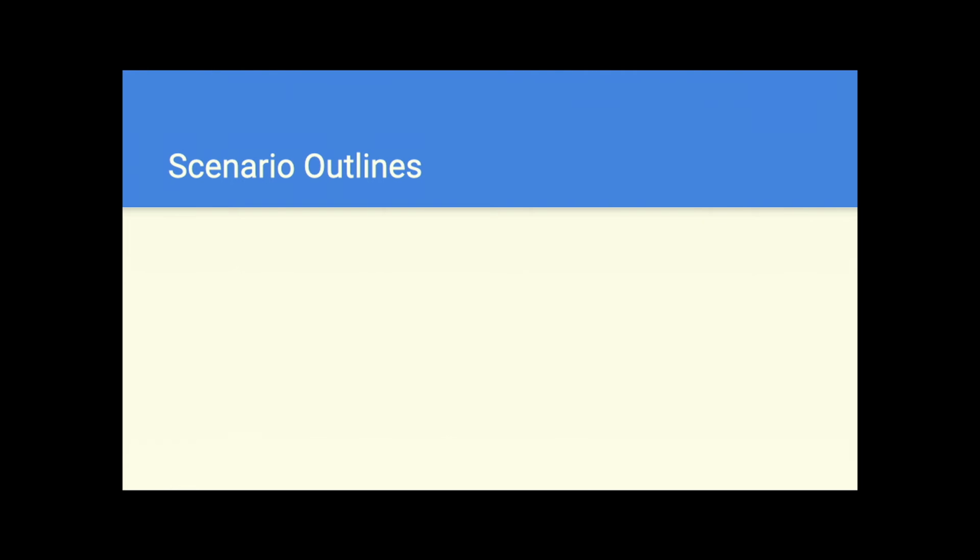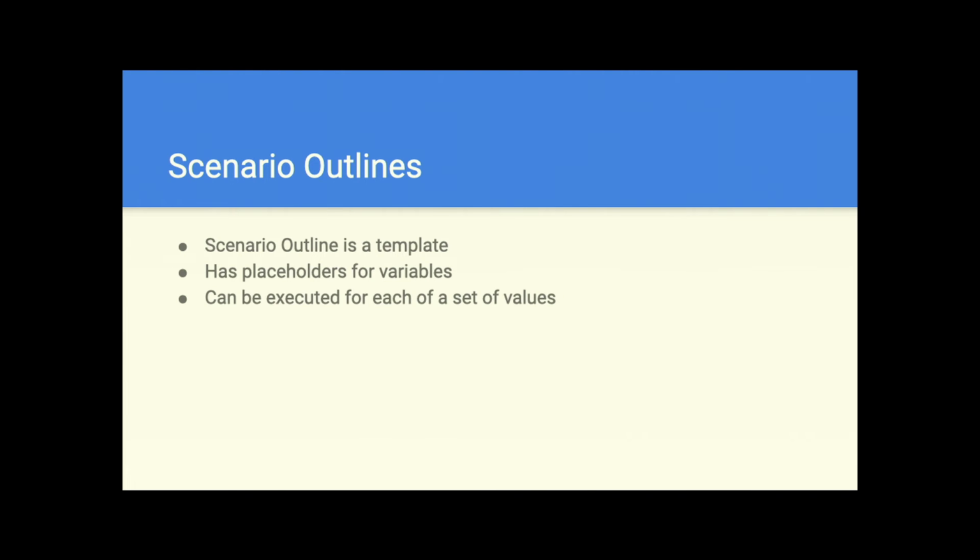Scenario outlines are a little bit different. You can write an outline and see it as a template. You write your test, and inside that test you have placeholders for specific variables, and then you have a set of examples which tells you which variables to use.